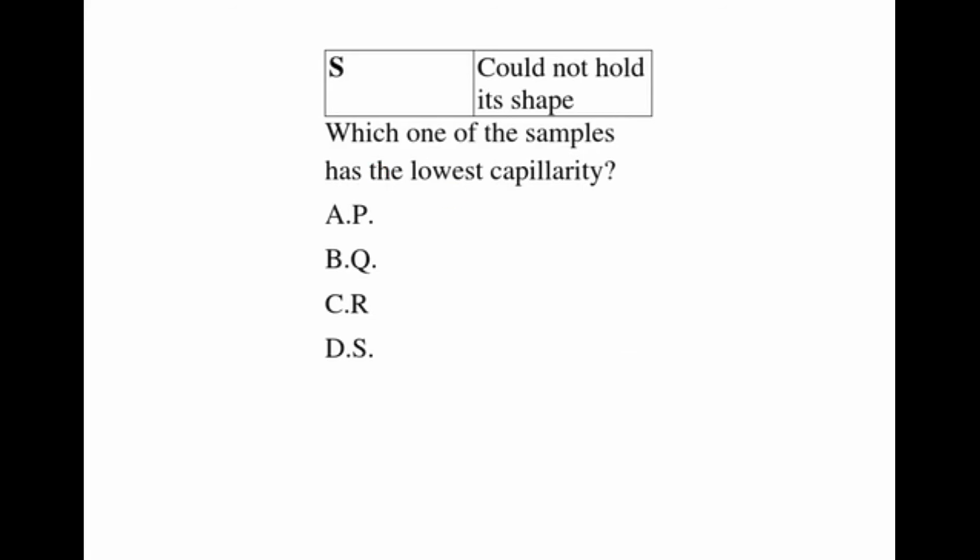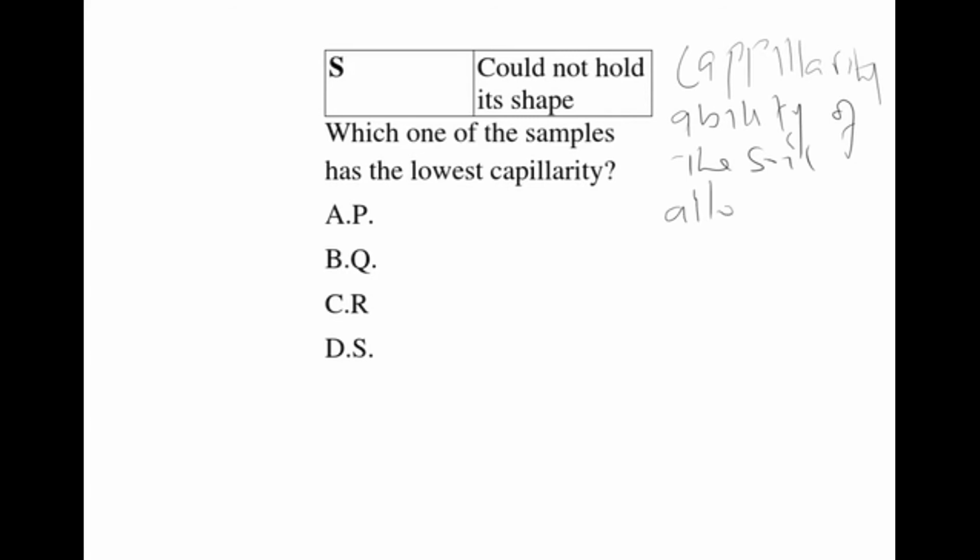When looking at different types of soil, they have different capillarity. Capillarity is the ability of the soil to allow water to rise.